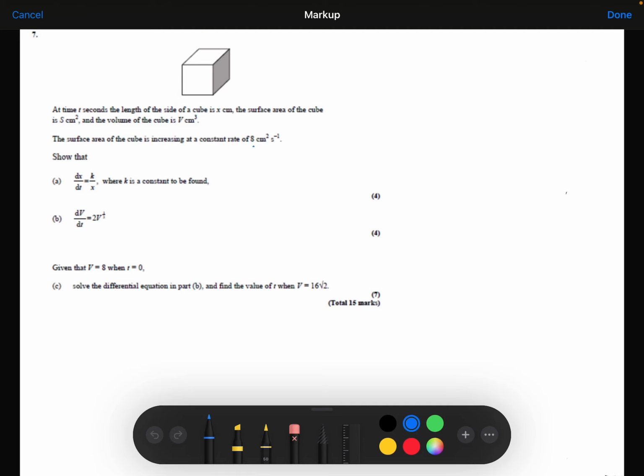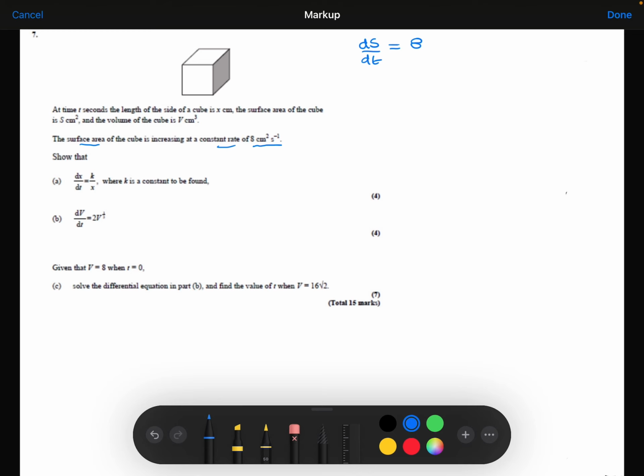So we're told that the surface area of the cube is increasing at a constant rate of 8 centimetres squared per second. So that's saying that ds by dt, the rate of change of the surface area, is constant and equal to 8.